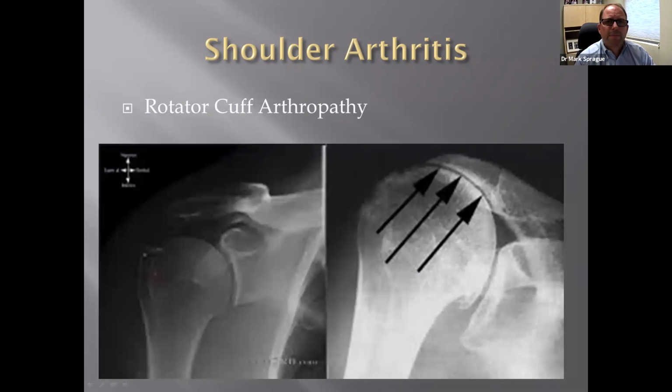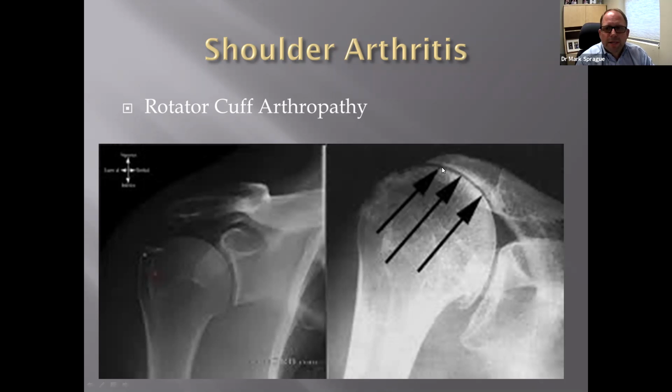The second type of arthritis of the shoulder is something we call rotator cuff arthropathy. Arthro meaning joint, and pathy, pathological, is when someone who doesn't have a rotator cuff that's intact, or has a long-standing rotator cuff tear, the humeral head, which you see a normal picture again here on the left, will start to migrate up and in.